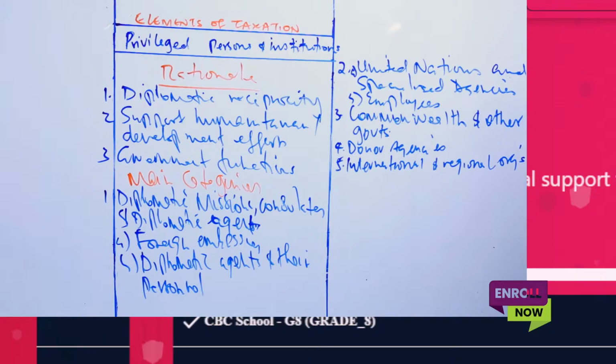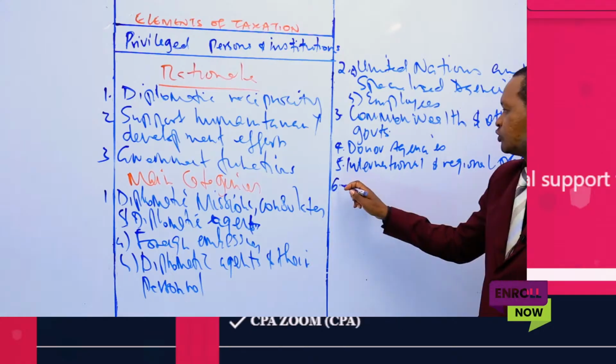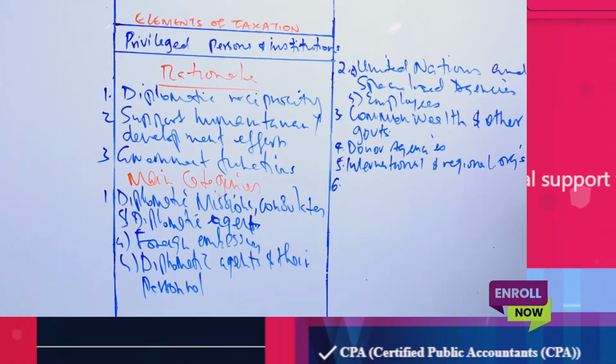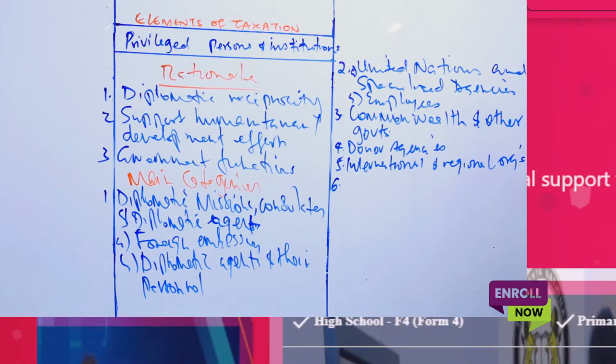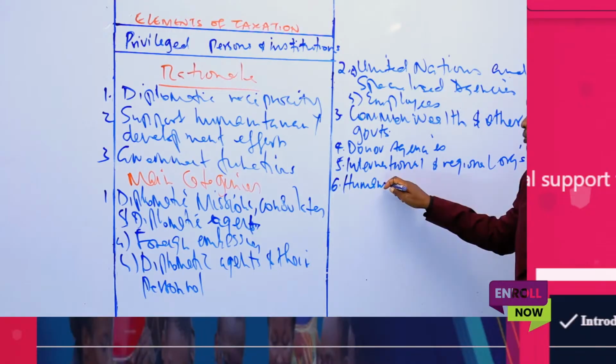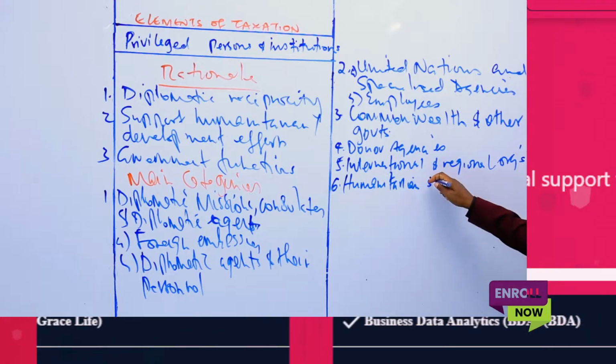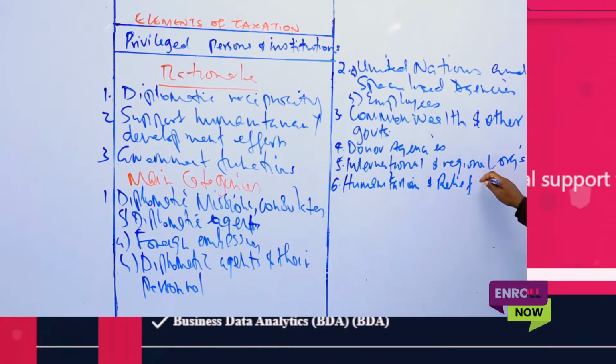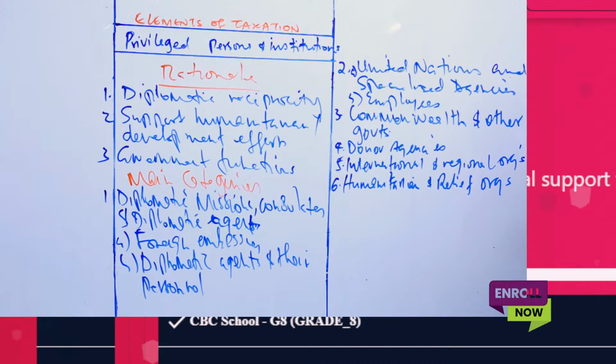Then we can also mention bodies like humanitarian and relief organizations, like the National Red Cross Society and the St. John Ambulance.